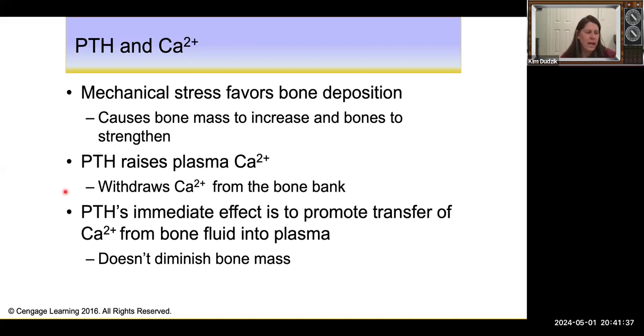We also know that age affects bone density. When you're young and growing, and up through your 30s, your deposition of bone outpaces the breaking down of bone. So in your 30s your bone density is at its peak. By your 40s, it starts to decline. You can keep up the bone density by increasing the mechanical stress.